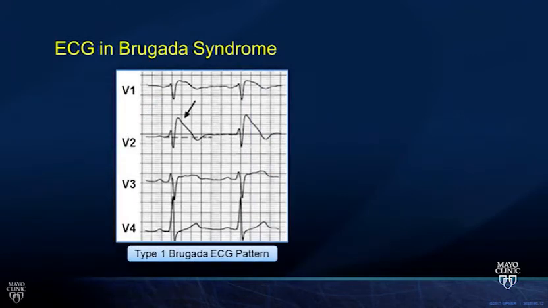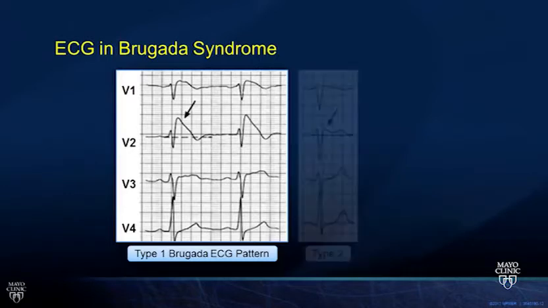So the type 1 cove-shaped ECG with 2 millimeters of ST segment elevation in either V1, V2, or V3, with the leads in any intercostal rib space. So whether standard placement or higher lead location, when that pattern emerges, that equals Brugada syndrome for the boards.